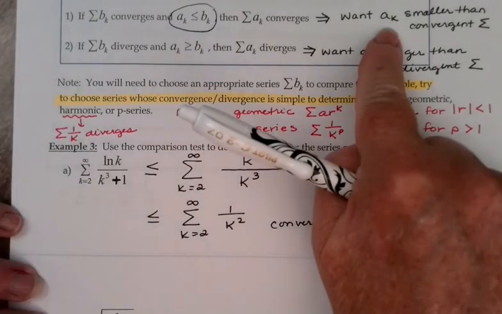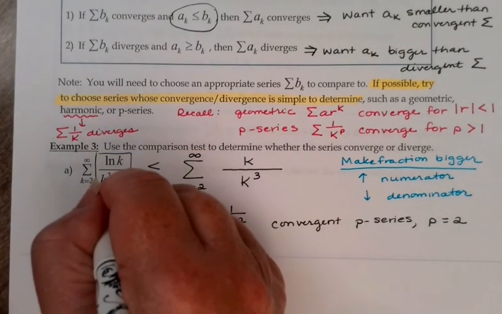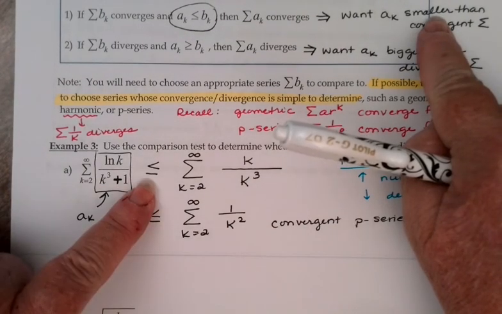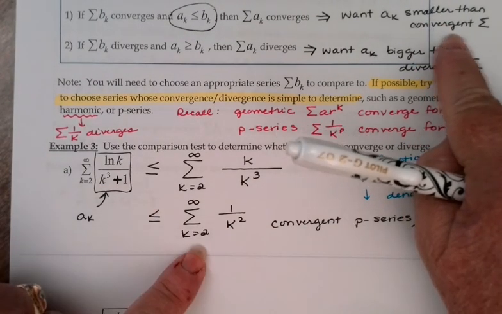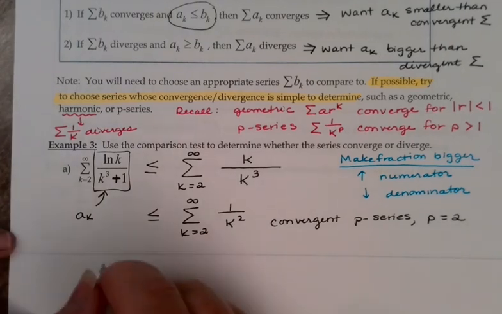So I've done exactly this, right? My a sub k's, the original series, are smaller than a series that I now know converges. Therefore, I can conclude that the original series also converges by the comparison test.